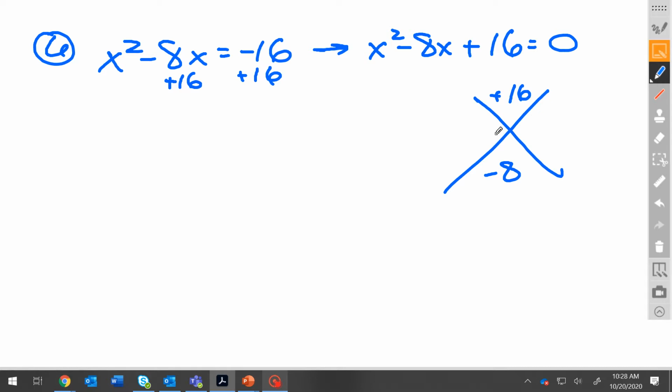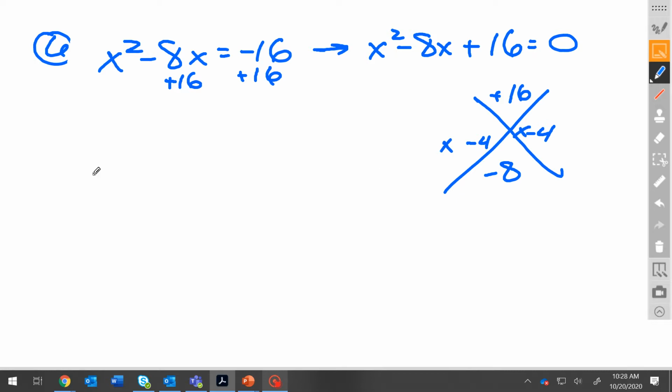Let's see, 16. 1 times 16, 2 times 8, 4 times 4, yeah, okay, so negative 4 and negative 4. Since a is 1, I can just shortcut this.